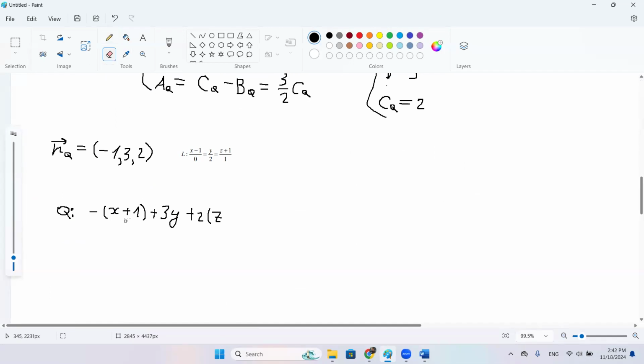Stop. x minus 1, yes. Be careful with coordinates. z plus 1, because M has coordinates 1, 0, minus 1, and lies on Q as well. And it equals 0. So this is the equation of the plane Q.